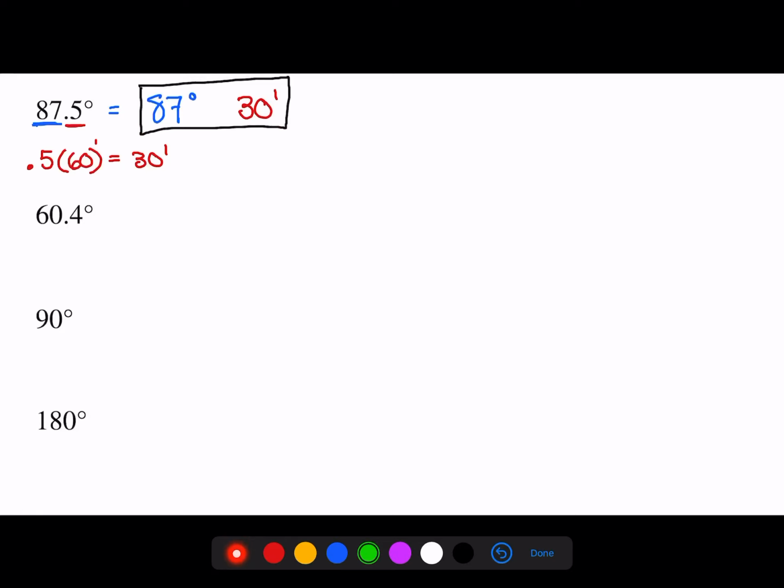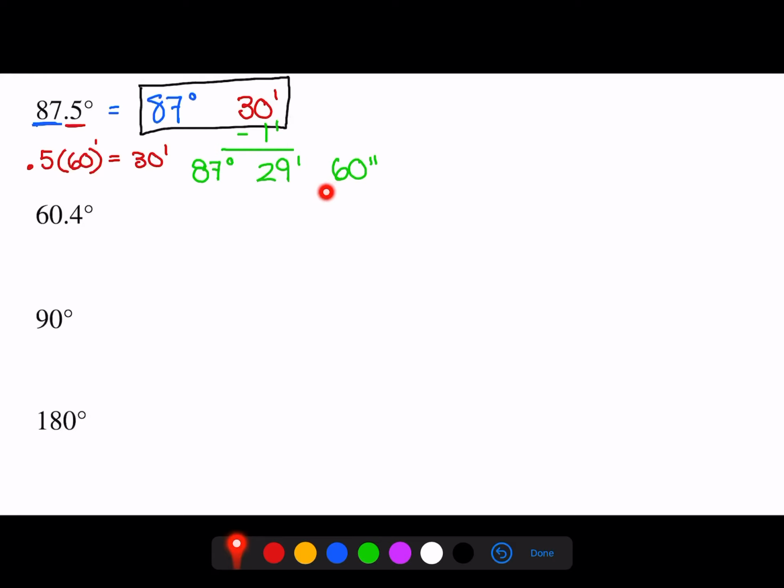So if it says convert all the way down, then of course I need seconds still. As I can see, I don't have a decimal place anymore in my minutes. So I can't just multiply by 60. What I need to do is I need to subtract 1 minute from the 30. So I now have 87 degrees, 29 minutes. If I subtract 1 minute from the 30, I'm left with 29 minutes. But that 1 minute also gives me 60 seconds now.